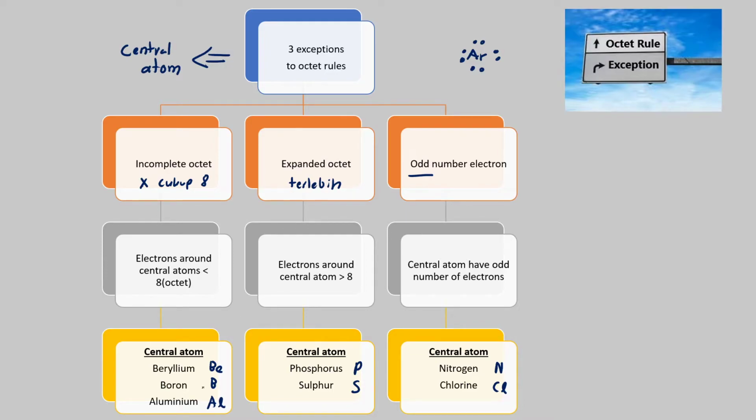For incomplete, if you look at beryllium, boron and aluminium, these are relatively electropositive. Which means that if they can, they want to donate electrons, they don't want to have many. And these are quite small atoms. They are okay with not enough. They are the ones who are grateful for what they have. So if it's not enough, it's fine. While phosphorus and sulfur are very special because they have d orbitals that can accept more electrons.